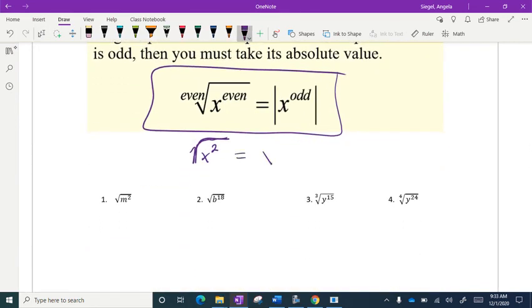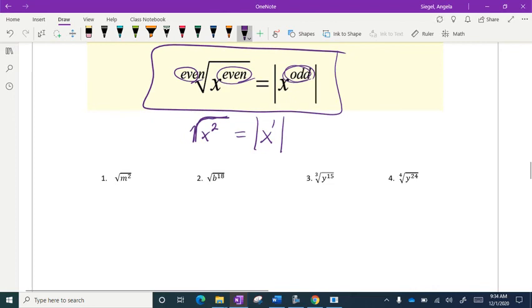So what this is, it's truly x to the 1st. Well, since you have an even divided by an even and it comes out odd, you are only taking the positive. So you want the absolute value of that answer. So let me show you how this works. So if I have m squared and the square root, my answer is going to be the absolute value of m.